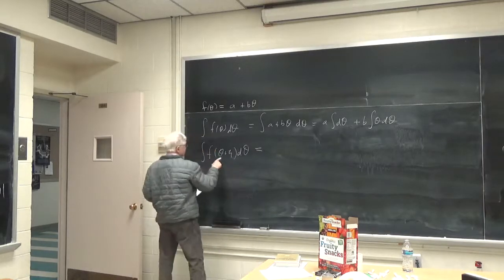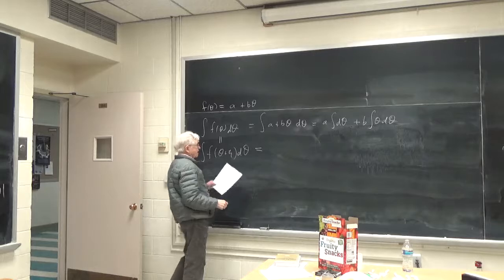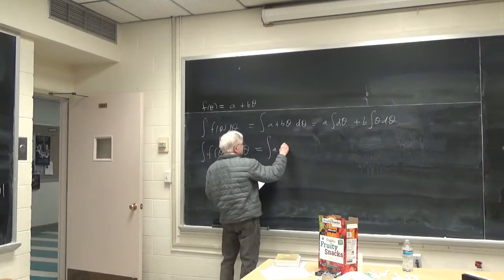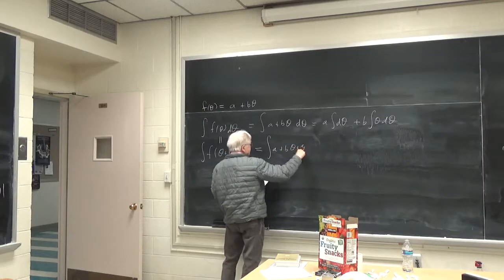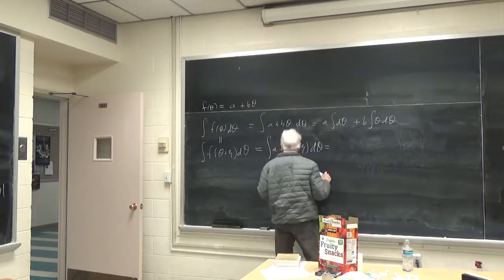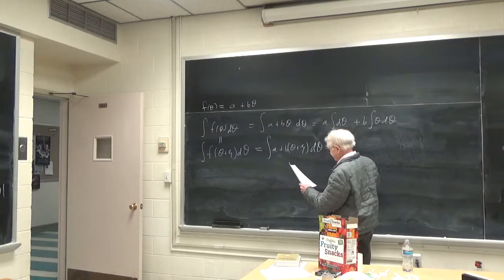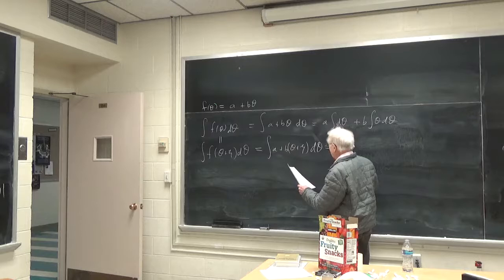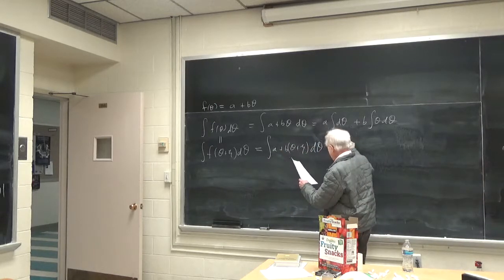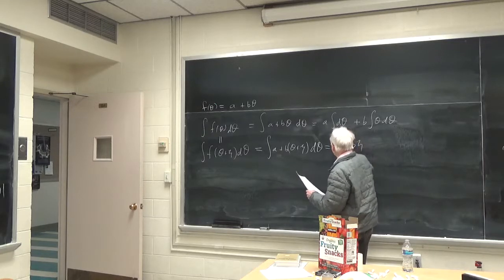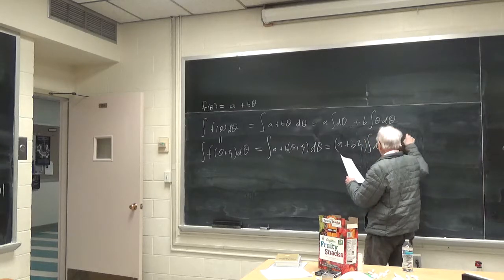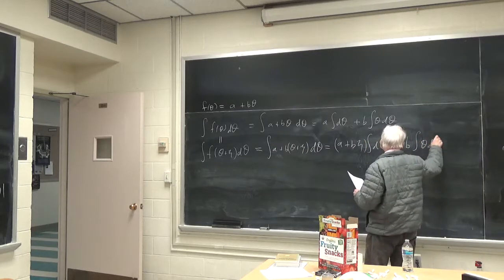So you want this thing to be the same as that. And in fact, it would be the integral of a plus b theta plus zeta d theta. And so this would be a plus b zeta times the integral of d theta plus b times the integral of theta d theta.